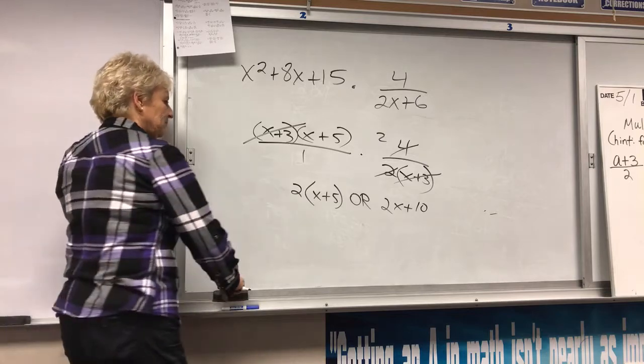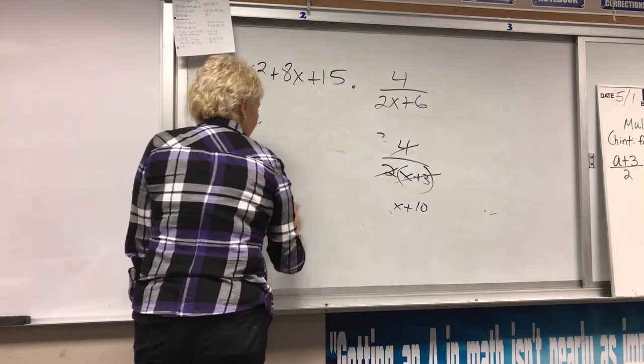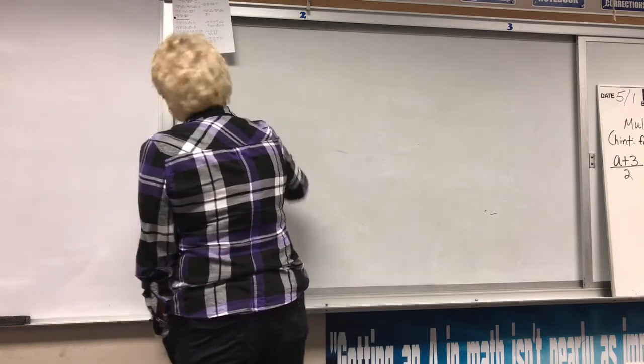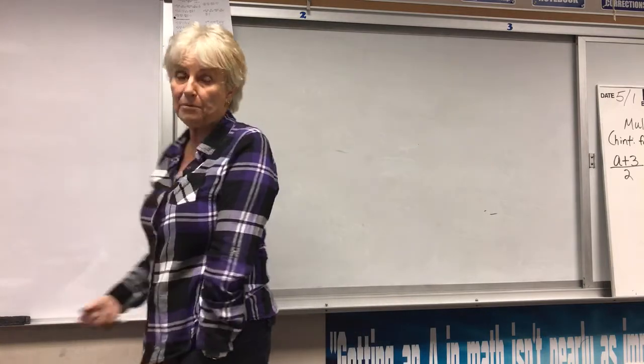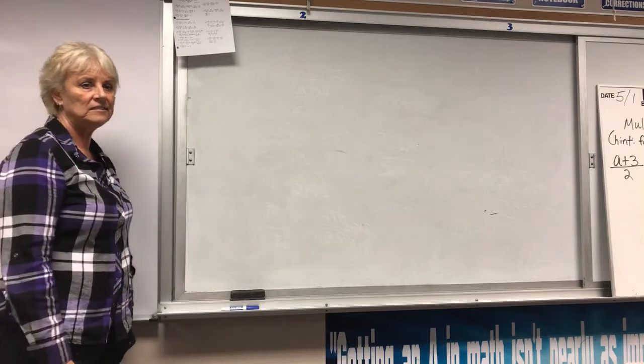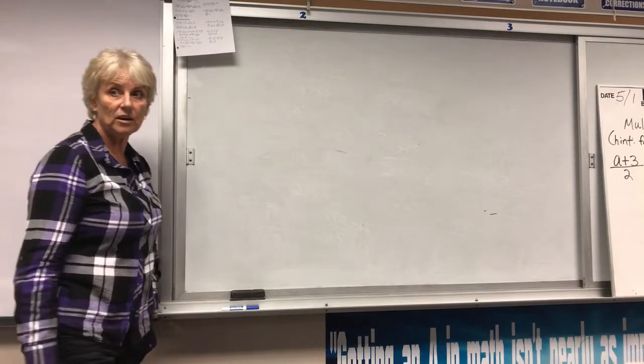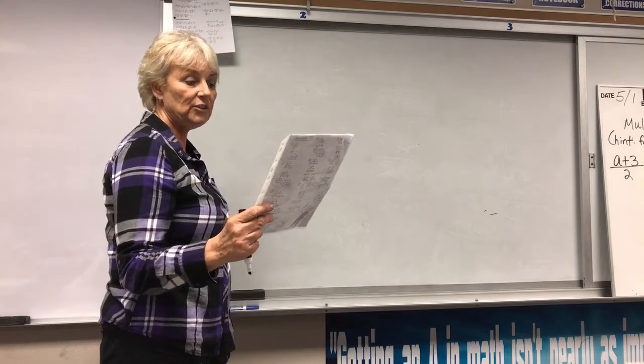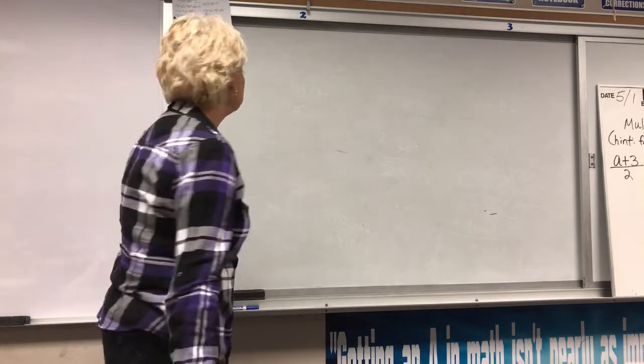I don't know. So, write them both. I prefer it factored. On a test, it won't matter, either one will count, but just for one night, do it both ways. Just so you know they're the same thing.